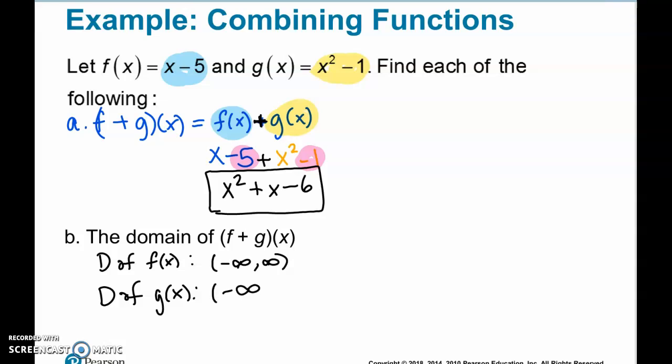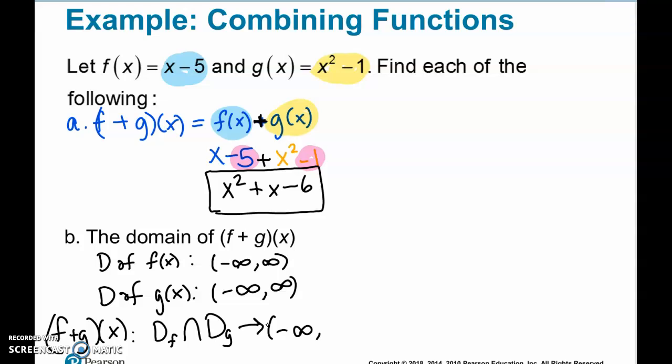So both of these have domains that are all real numbers. So the domain of this will be the intersection of these two up here. And since they are the same, then the intersection would be the same too.